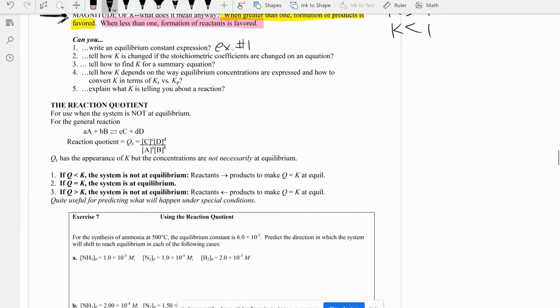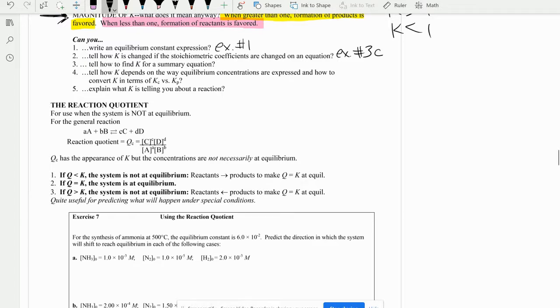Number 2: can you tell me how K would change if the stoichiometric coefficients of a balanced chemical equation change? Okay. Again, if you need an example, go to example number 3, and that problem had multiple portions to it, so you want to look at 3C. 3C would highlight to you how to do that. Okay. You might need more practice.